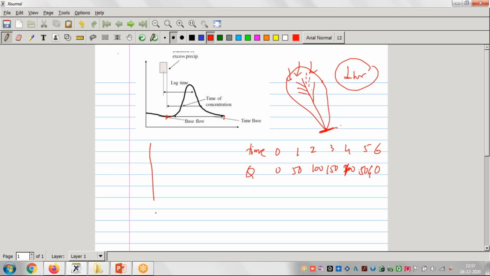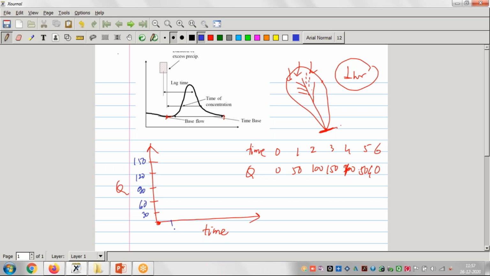When we draw the graph, on the x-axis we take the time, and on the y-axis we take the discharge rate. The discharge scale is 30, 60, 90, 120, 150.